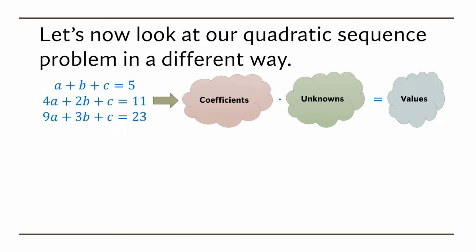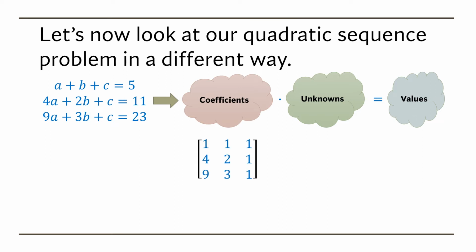So we have coefficients times unknowns equal values. Now, the coefficients are arranged in a certain pattern, and the way I'm going to write it down is in a box. I'm going to put all of those coefficients into a box so that it looks like this.